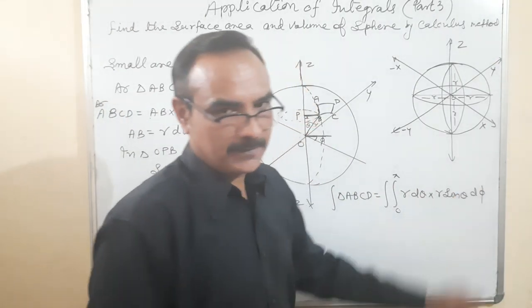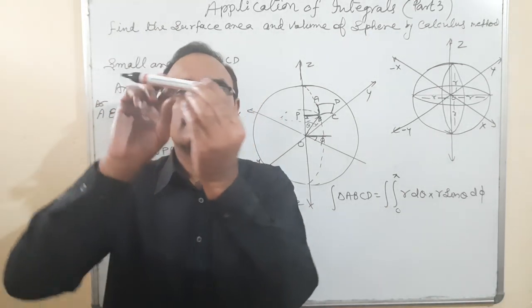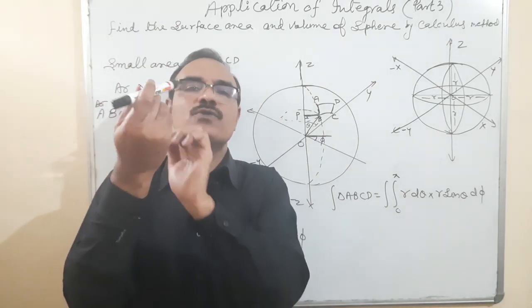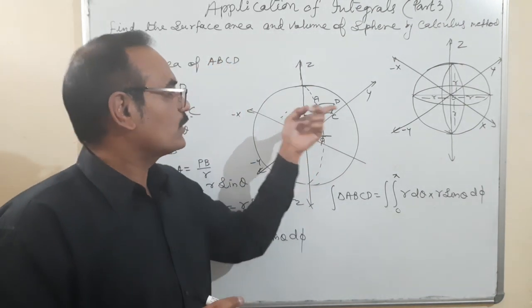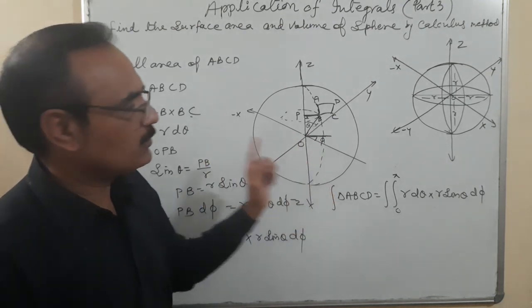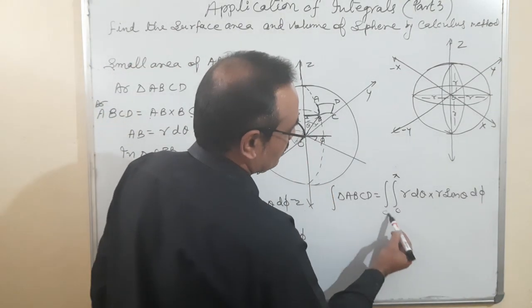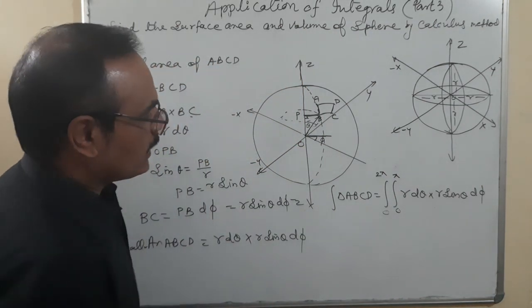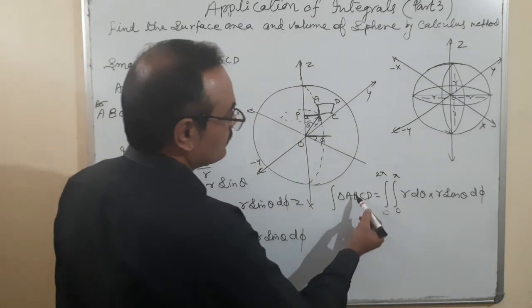Second, d phi. D phi is this, and its rotation is 0 to 2 pi. It will rotate completely, everywhere, so 0 to 2 pi d phi.